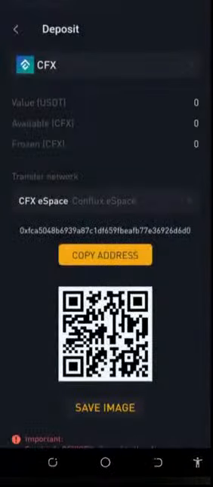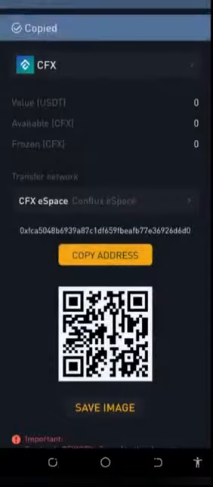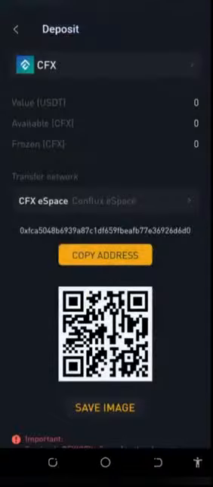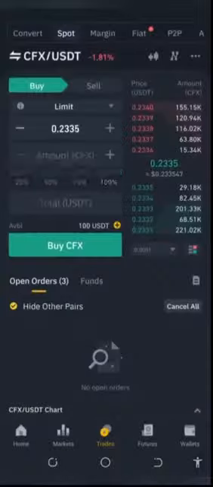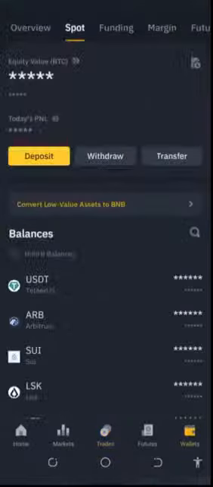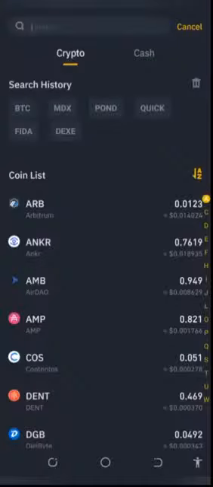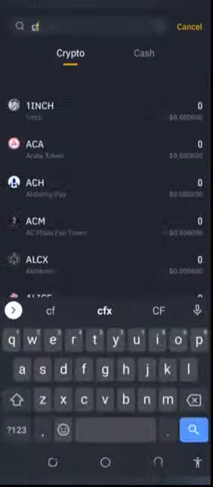I'm going to do a little test to be sure because I'm not even sure which one. I'm just copying this address, right? But before I copy it, let me go and check. What we saw here was Conflux eSpace, right? Okay, so for us to withdraw this, if we have to withdraw it, let's just look for Conflux, CFX.